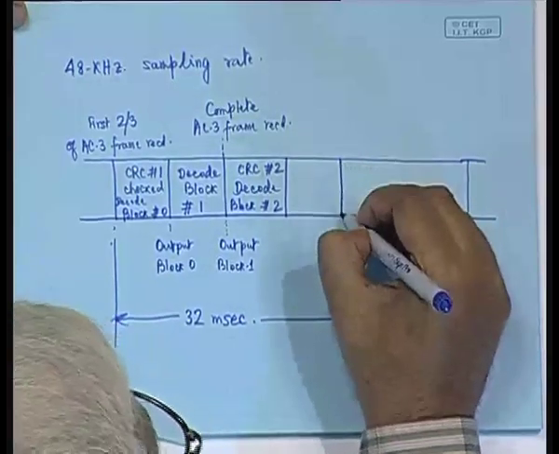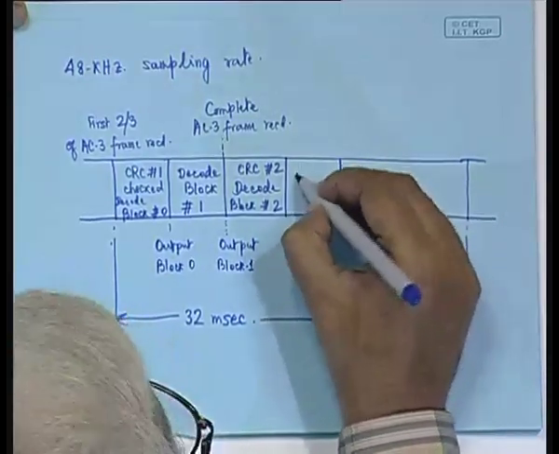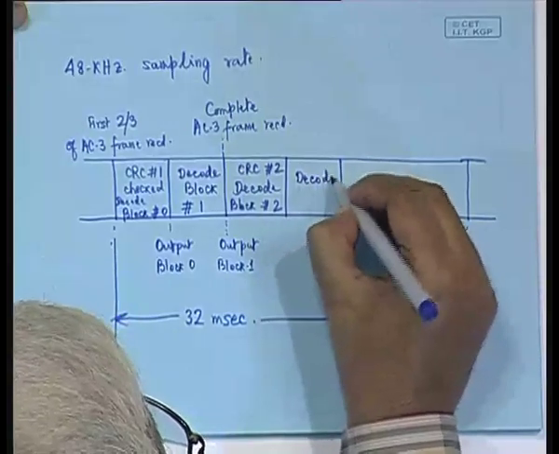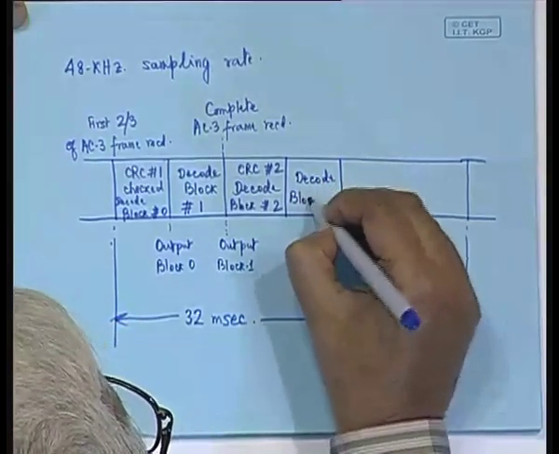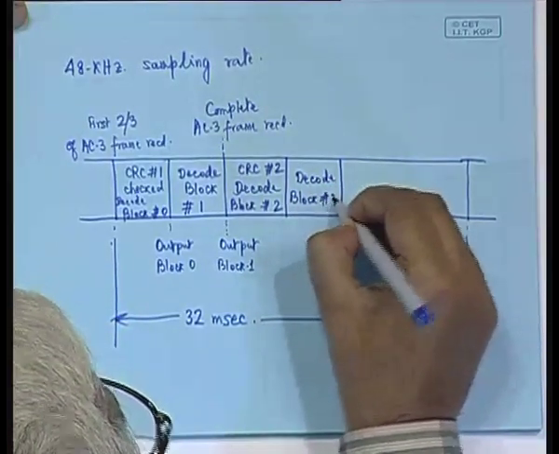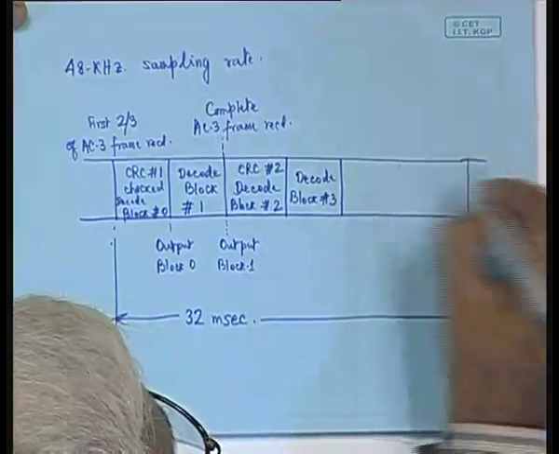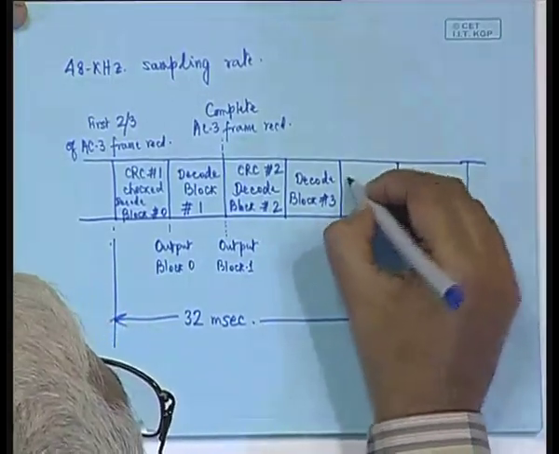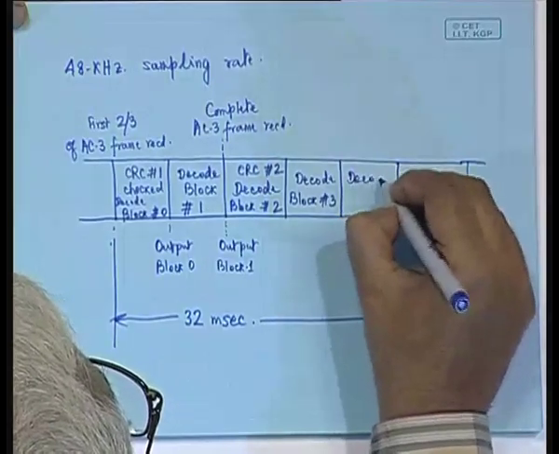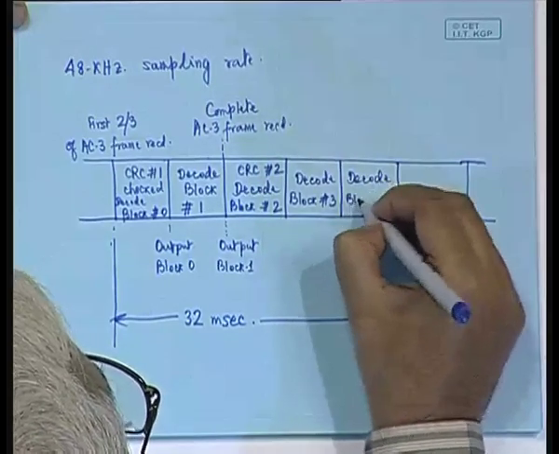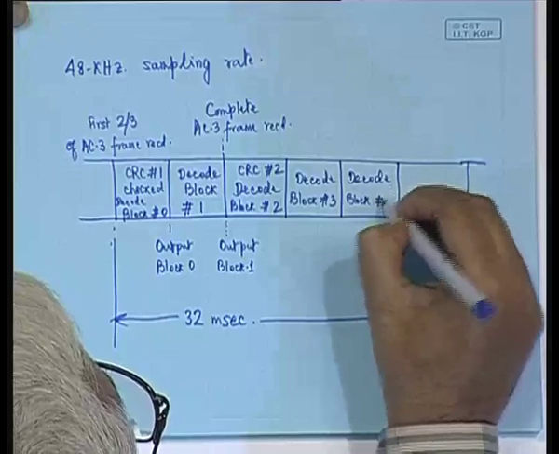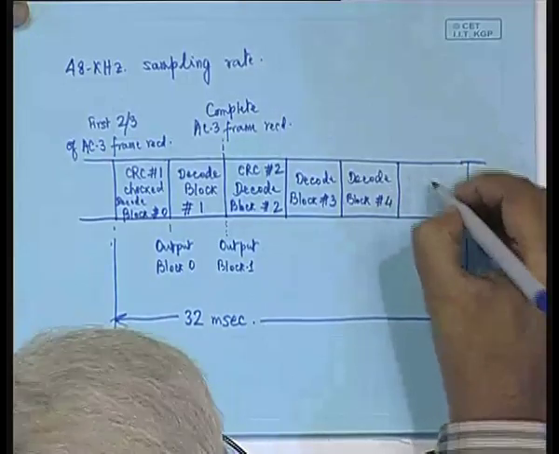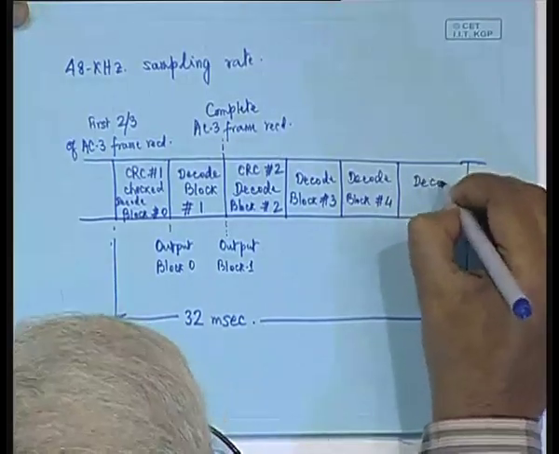So block 2, then comes block 3. So this is decode block 3, decode block 4, and then decode block 5.